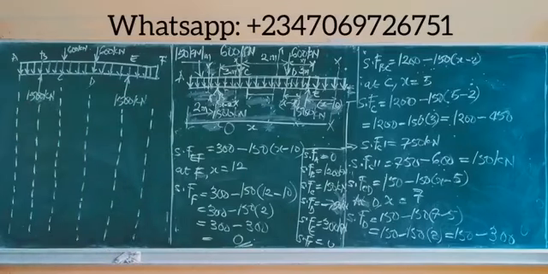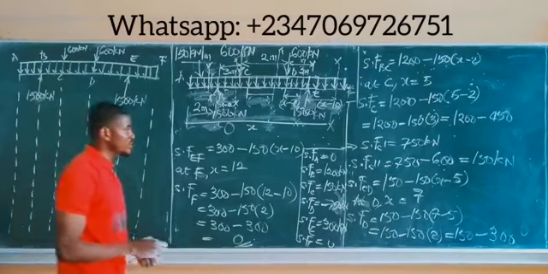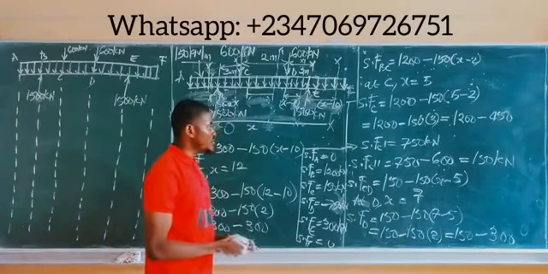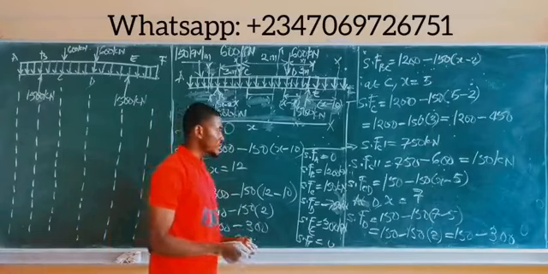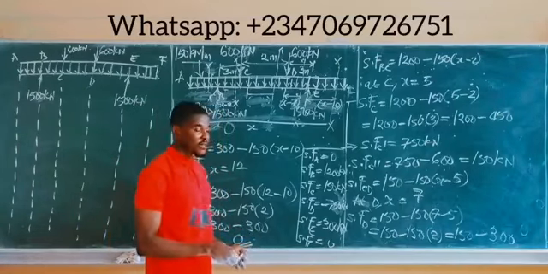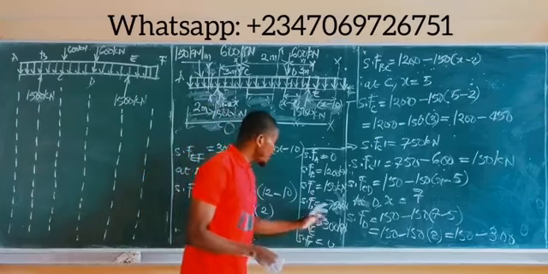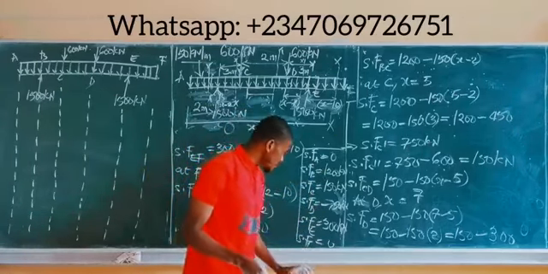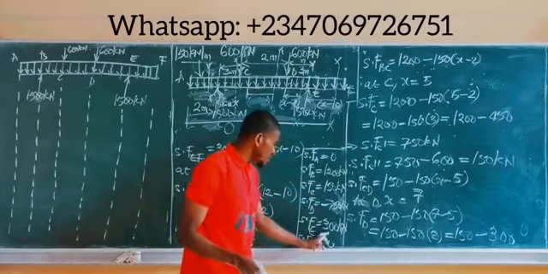Okay, so after doing this, you now look at your shear force values. Pick out the highest from the lowest. Also pick out those that are positive and those that are negative. So we have 1,200 highest, followed by 300, followed by 150.